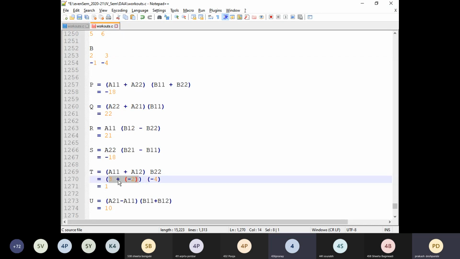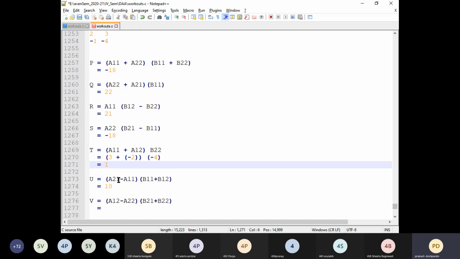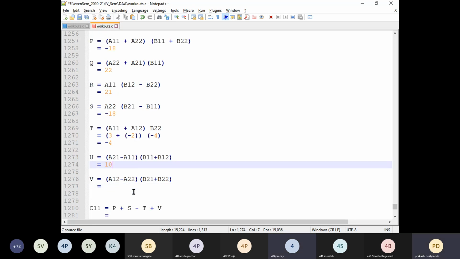See, plus, this is the addition. Minus 2, you have to recollect your additions. I will not teach you additions and subtractions now. So 3 plus minus 2 is going to be 1. 1 multiplied by minus 4 is going to be minus 4 itself. Okay.